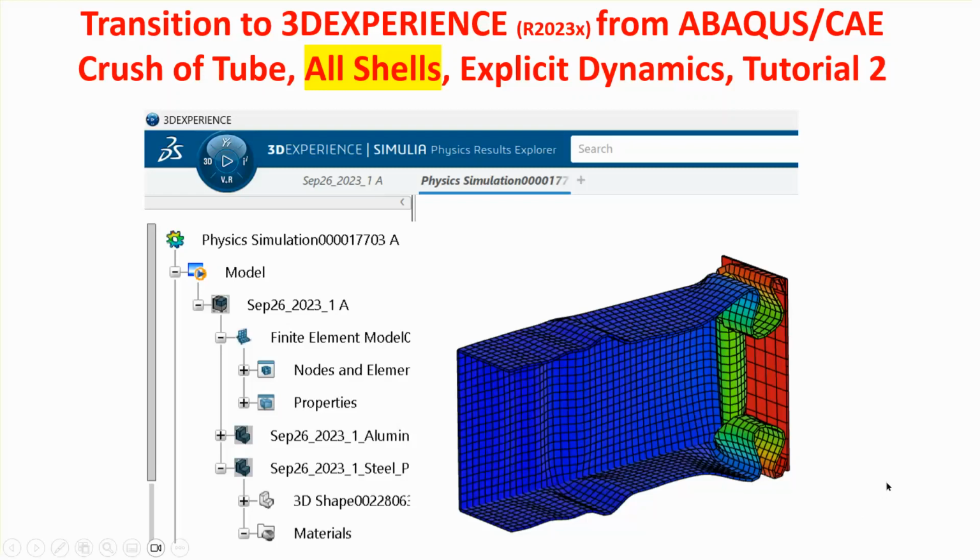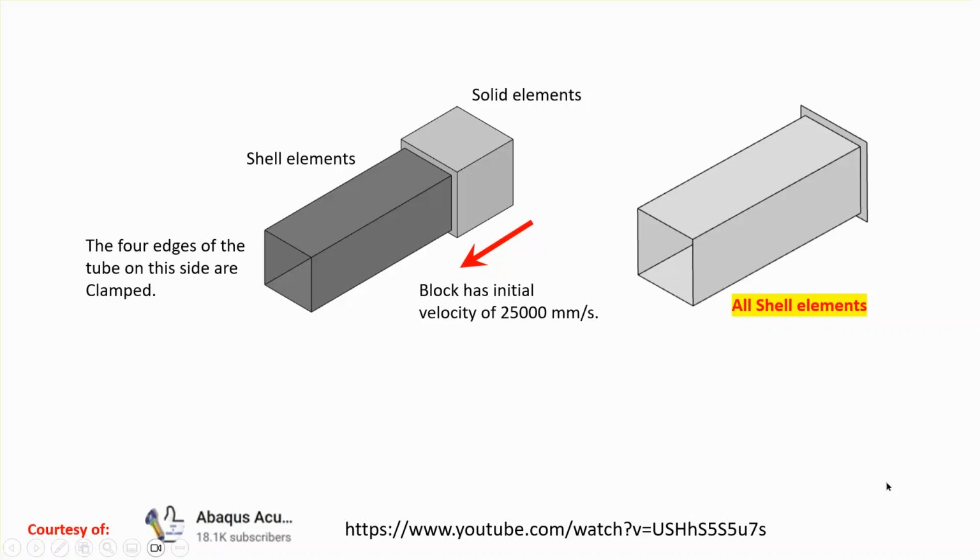So this particular problem is actually taken from the site of a YouTuber down below, where he uses Abaqus CAE to solve the problem. But the one that I did in tutorial 1 is the one on the top left corner. In other words, the aluminum tube is modeled with shell elements and the impactor with solid elements.